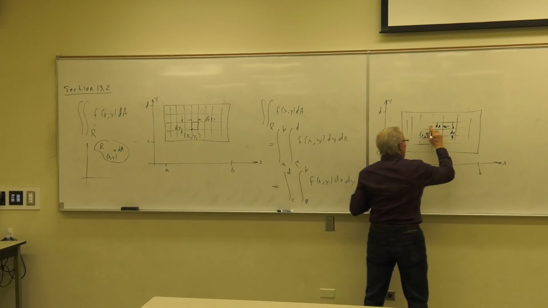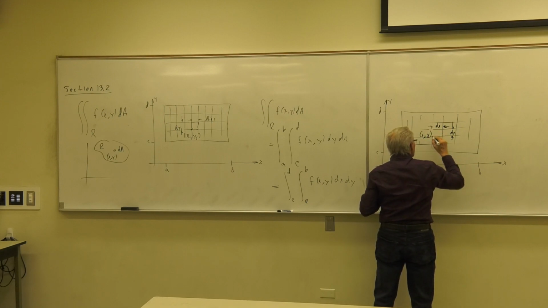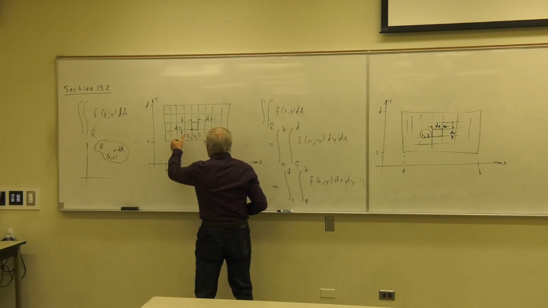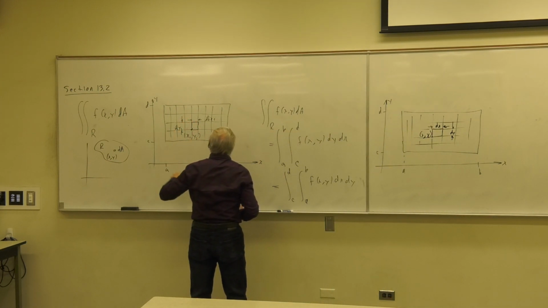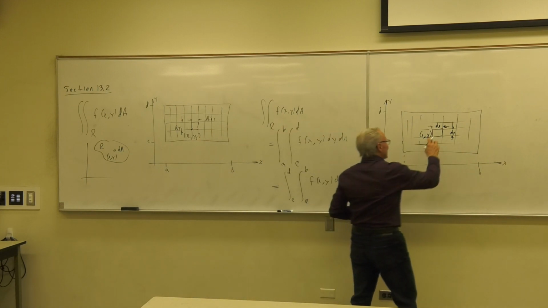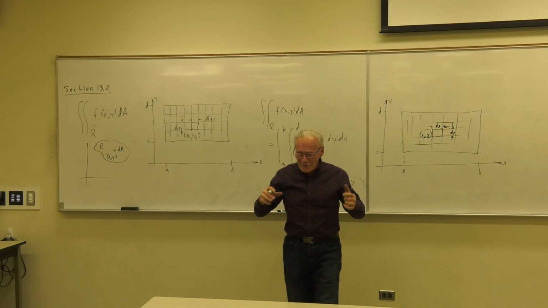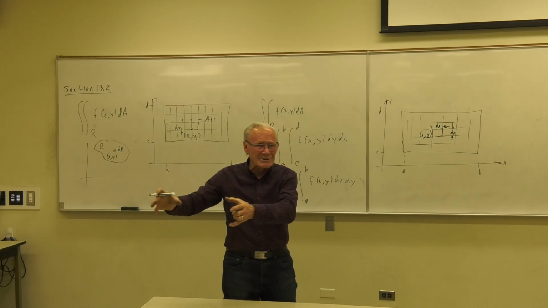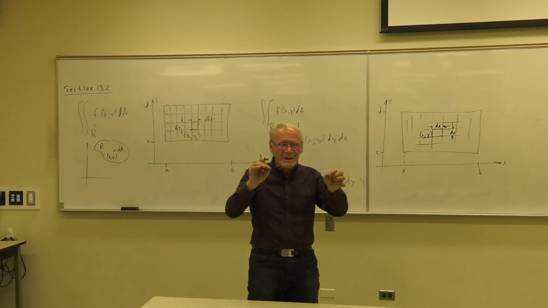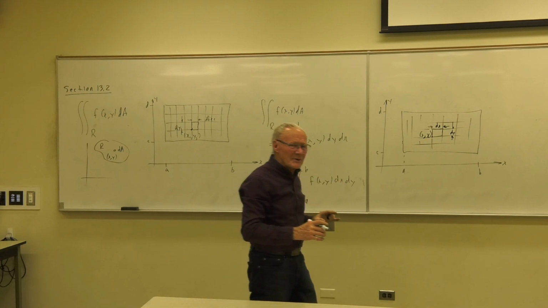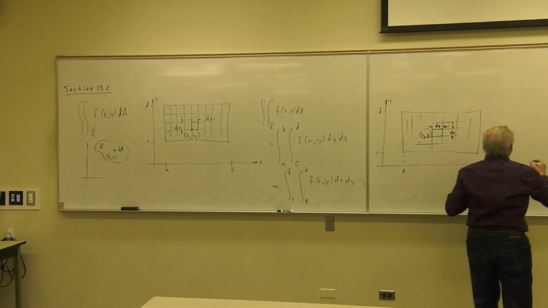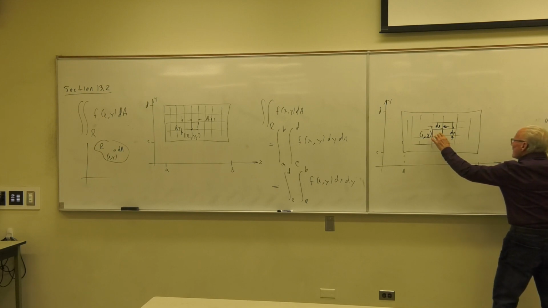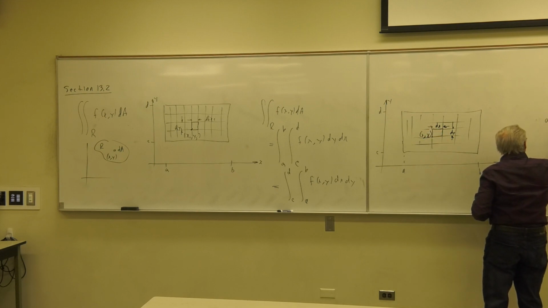So instead of having the delta x i and the delta y j, we've got dx and dy, reminiscent of what you did in first year when you were doing applications of the definite integral. You didn't write delta x i's or delta y i's. You wrote dx's and dy's, doing the same kind of thing. So my little piece of area now becomes dy times dx. The area of that little piece is dy times dx.